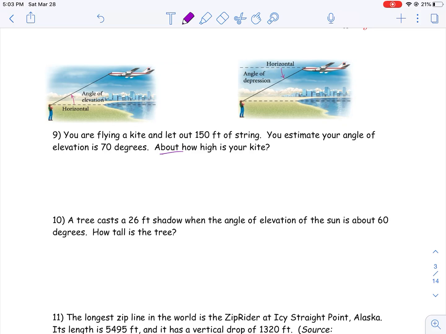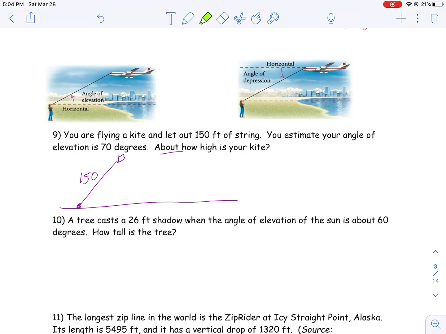It says about how high, so we're going to pretend the kite string is actually straight. You've got your kite up here, and you let out 150 feet.